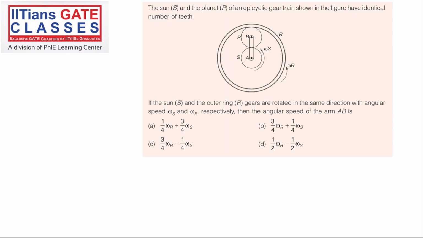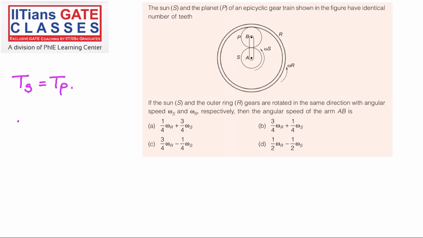The number of teeth are not given directly, so let us see. Number of teeth of sun is equal to number of teeth of planet gear. If you want to find out the number of teeth of ring gear, again this is a very nice concept in this question.